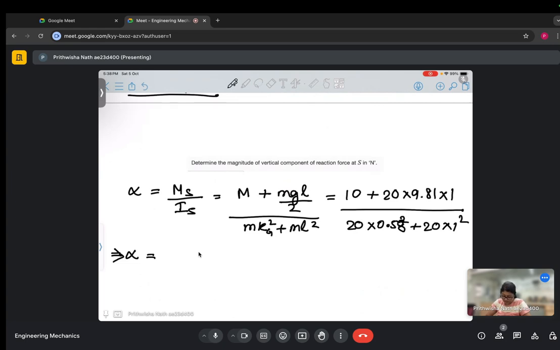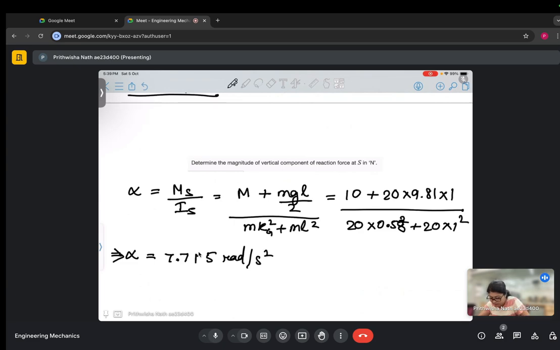Into 9.81 divided by 20 into 0.58 whole square plus 20. This becomes 7.715 radian per second square.